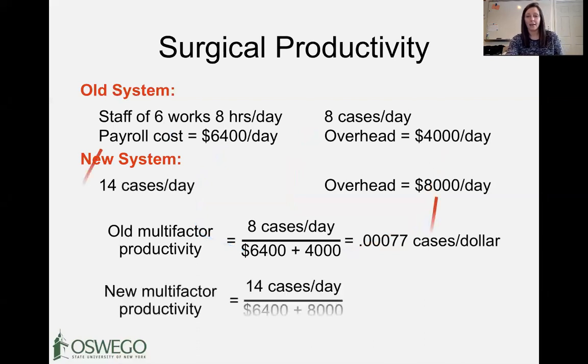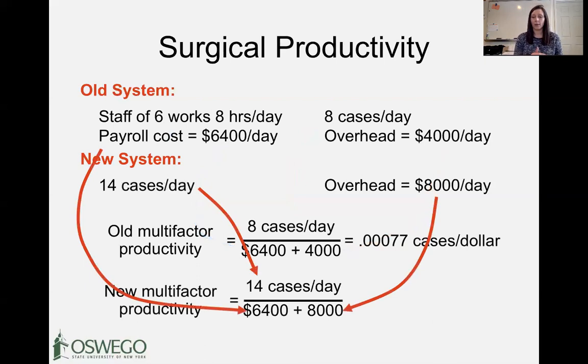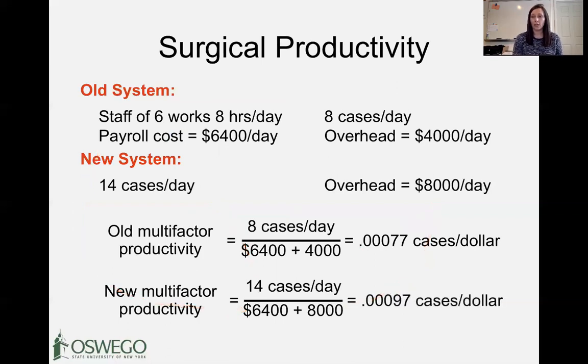If we look at it from a multi-factor productivity standpoint now with the new Da Vinci machine, you've got 14 cases that you can accomplish in a given day, and you divide that by your resource dollars: $6,400 a day for payroll, which stays the same, but now your overhead is $8,000 a day. That's going to change your multi-factor productivity to 0.00097 cases per dollar.